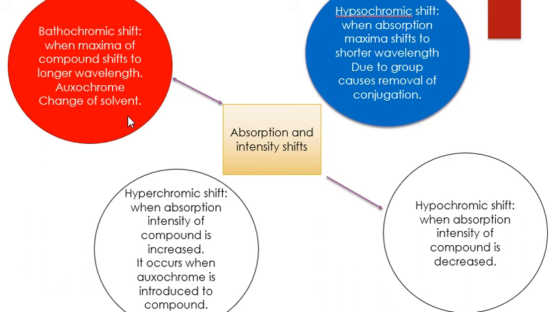So when there is an increase in absorption, it is known as hyperchromic shift, and if the intensity of absorption is decreased, meaning that absorption of the light is decreased, then this is called hypochromic shift.